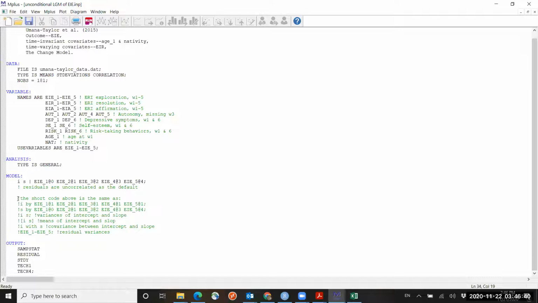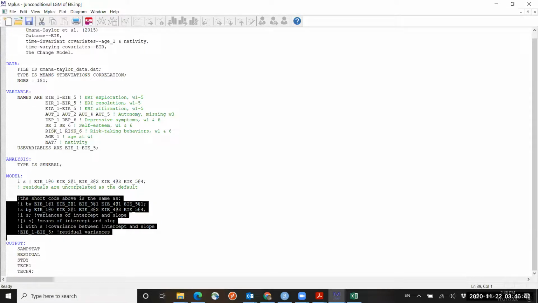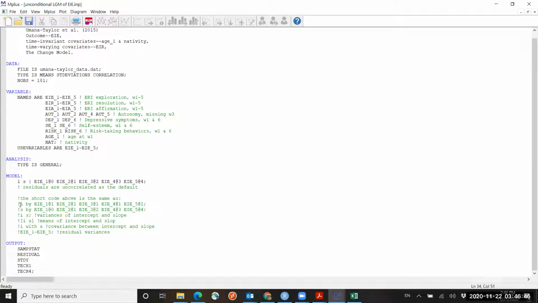If I use this long code instead of the short code, it would work too. Here it is the same: I BY EIE at 1, and the loadings of the intercept, as you can see here, are all 1. The loadings of the slope for a linear model are just like above. And then we have the variances of the intercept and slope, and the means of the intercept and the slope.